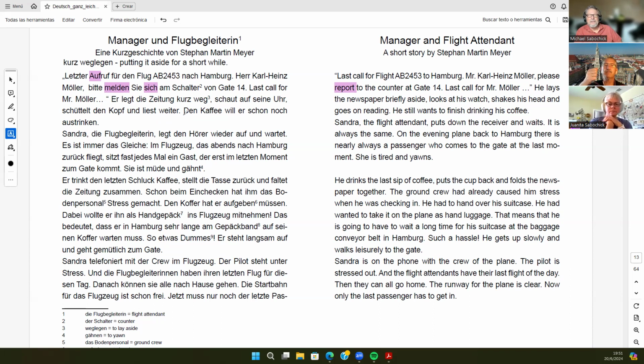If you have a cup, half finish, finish, he wants to finish off his coffee. Wants, not will. So he still wants schon noch.